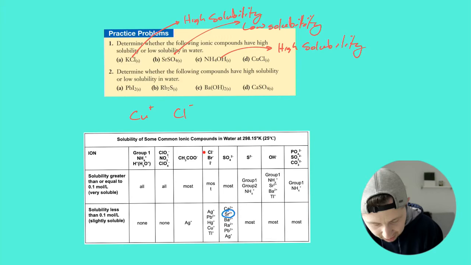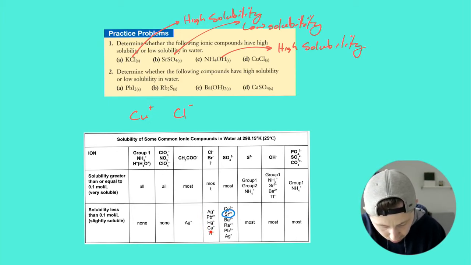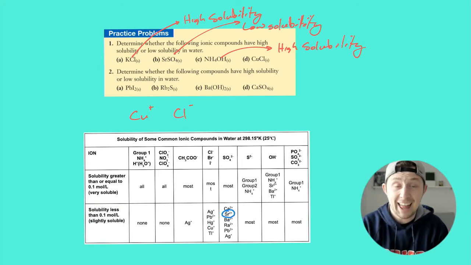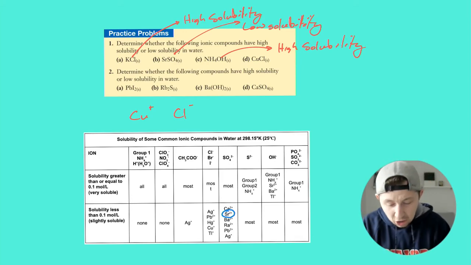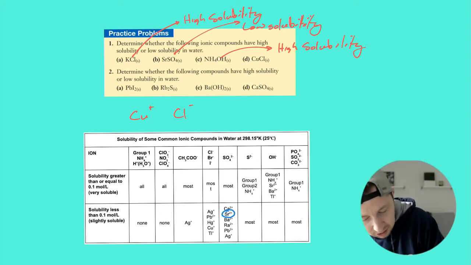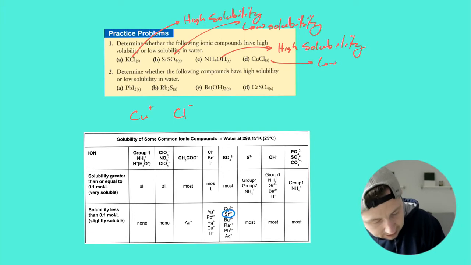We go down here, we find chloride in our table. We scroll down, most of them it dissolves in with the exception of these 5. Look, copper 1 plus is there. So this has a solubility of less than 0.1 moles per liter, which means that it has low solubility. So our answer for this one is low solubility.